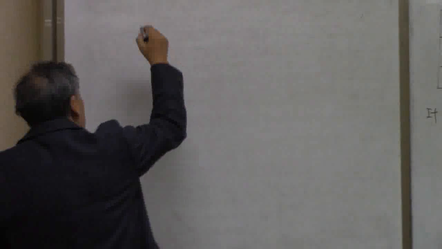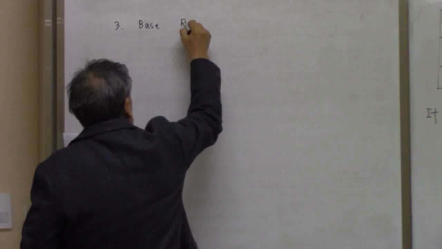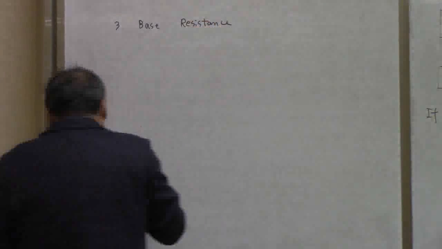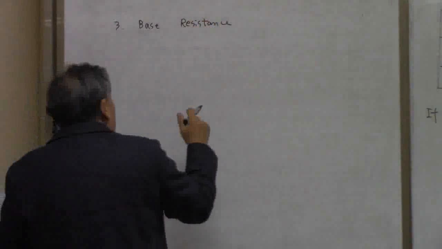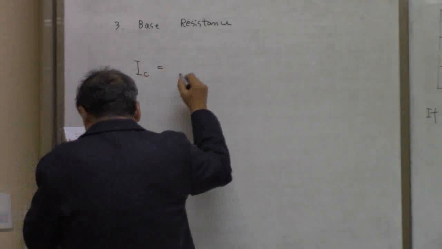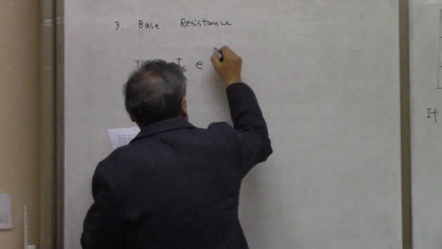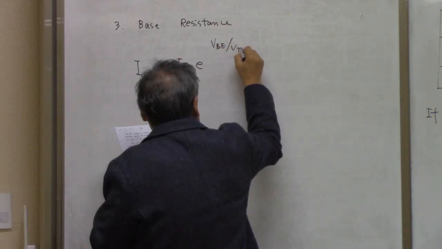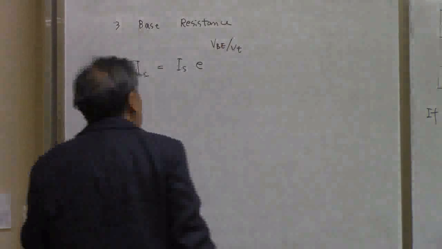Now, thirdly, we have to think about the base resistance. What you can immediately see is that the collector current, we know, is proportional to e to the VBE over VT, from our voltage equation.